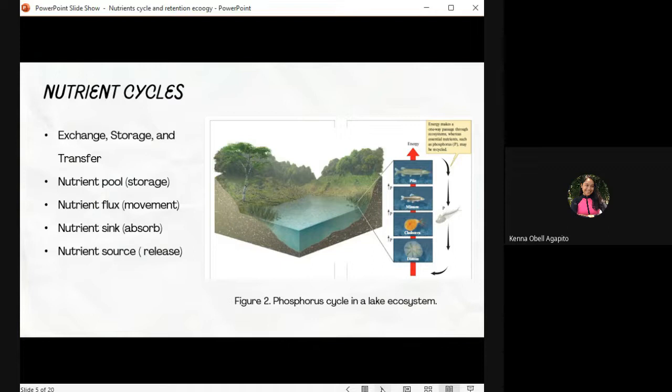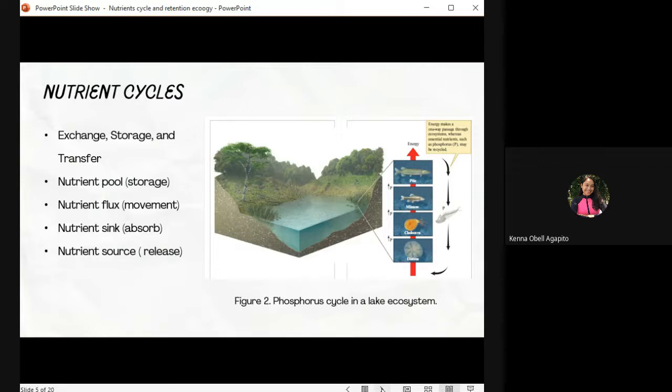Theoretically, in a closed ecosystem, nutrients would cycle round and round as suggested by the phosphorus cycling shown in figure 2. However, ecosystems are not closed and nutrients may be lost from the ecosystem to a nutrient sink.